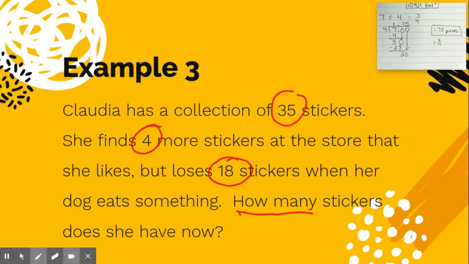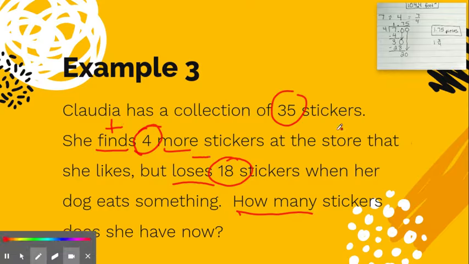She has a collection of 35 stickers. Oops, I circled it when we need to underline it. When she finds something, that means we are adding, because I'm adding on. When I find something, I get it, I add it on. That more right there makes add. But she loses some, so when I lose something, that means they go away.